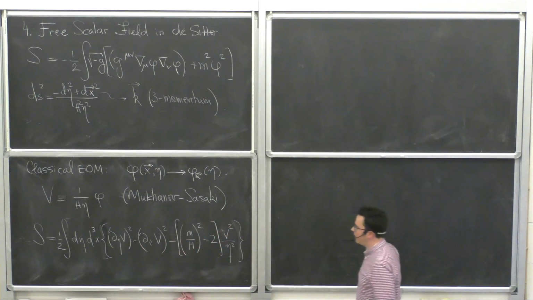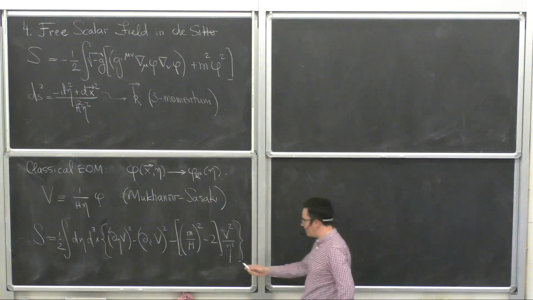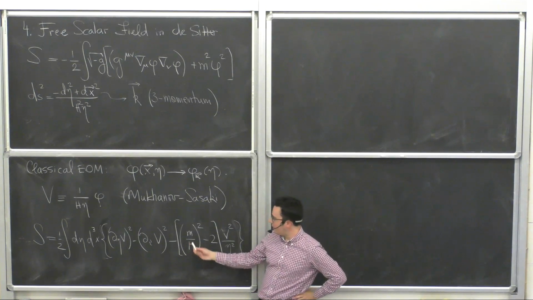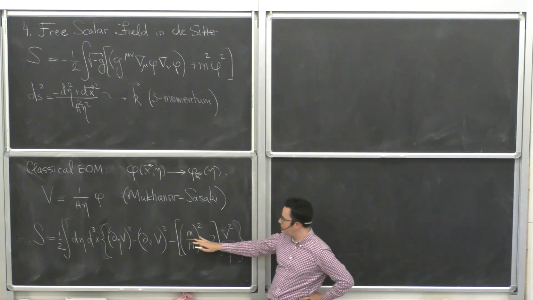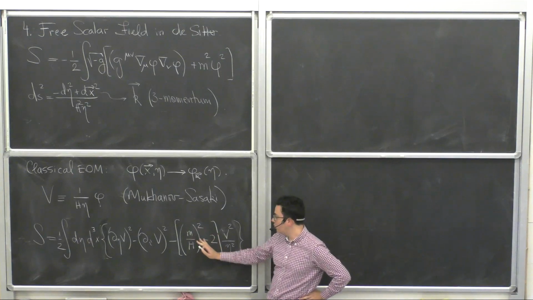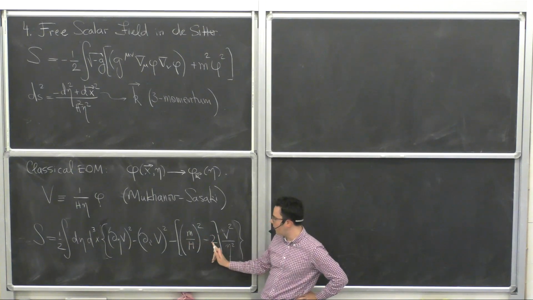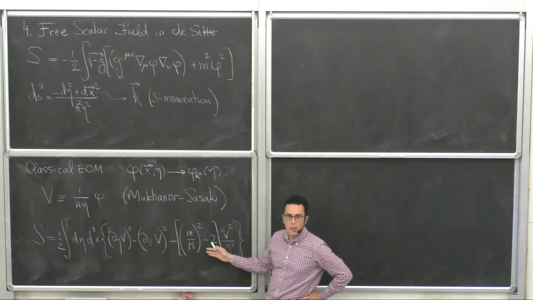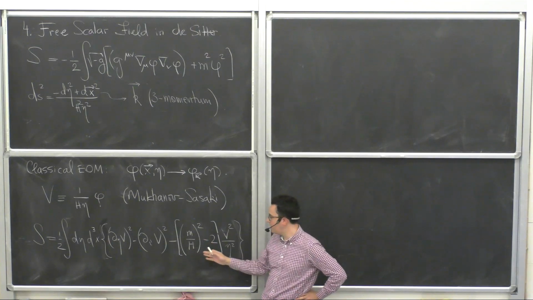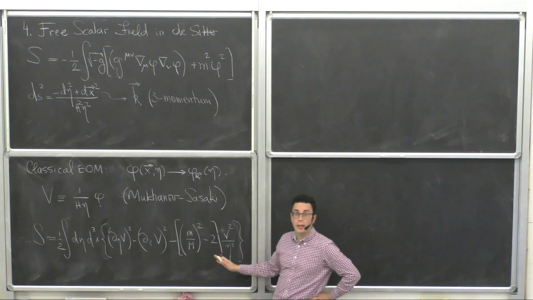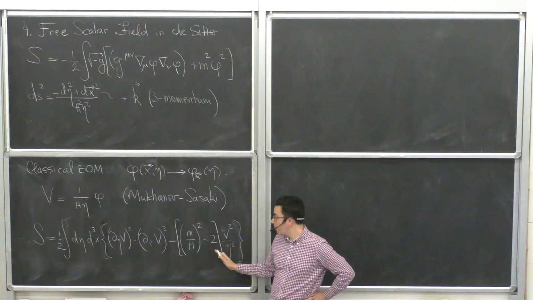So notice something interesting. First of all, there is definitely a difference if the mass is big. If the mass is very big, it's the usual mass term. This -2 doesn't matter. But if the mass is small enough, let's say smaller than 2 in Hubble units, then this looks tachyonic. But it's completely fine.